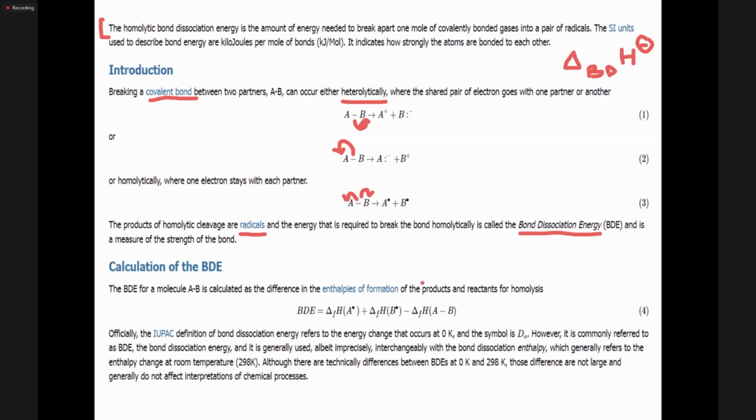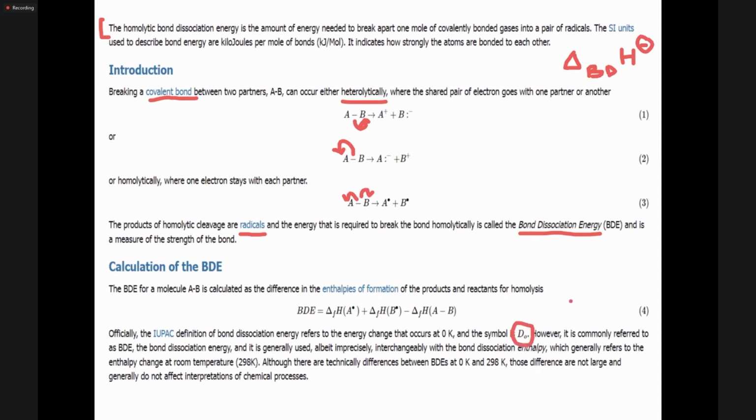So the BDE for this reaction will be delta H formation, where F stands for formation: delta F H of A dot plus delta F H of B dot minus delta F H of AB. So it is the difference in the enthalpies of formation of the products and the reactants in homolysis. Officially, the IUPAC definition of the bond dissociation energy refers to the energy change that occurs at 0 Kelvin, and the symbol for it is D0.